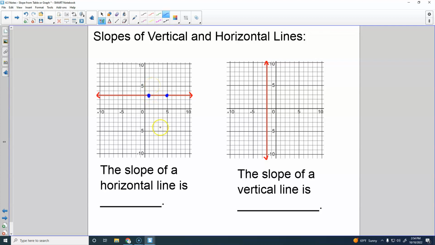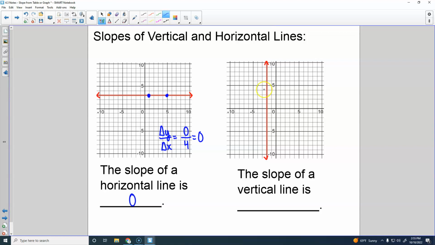So if I start at this left-hand point, how much do I need to go up or down? 0. So 0 is on top. How much do I need to go left or right? I need to go to the right 4. Okay, so it'd be a positive 4. What is 0 divided by 4? 0. It's okay to have a 0 in the numerator of a fraction. The slope of a horizontal line is 0.